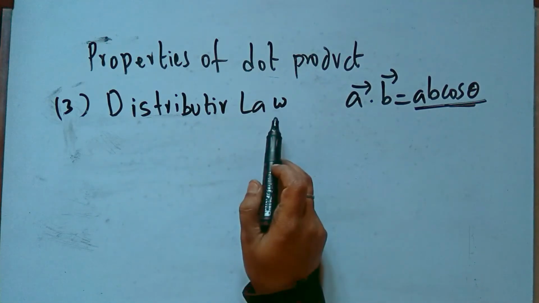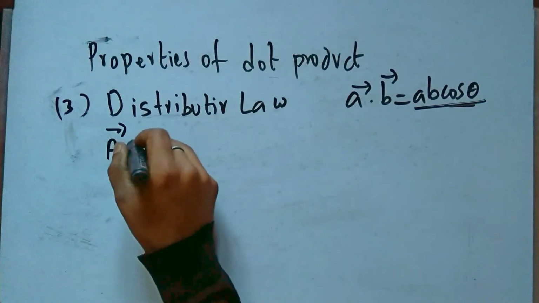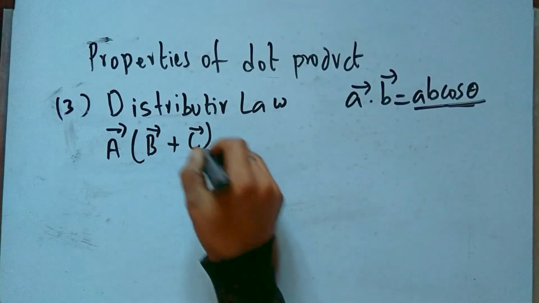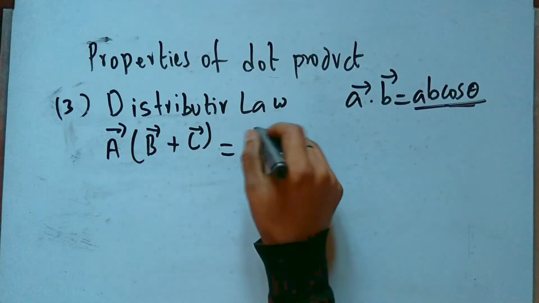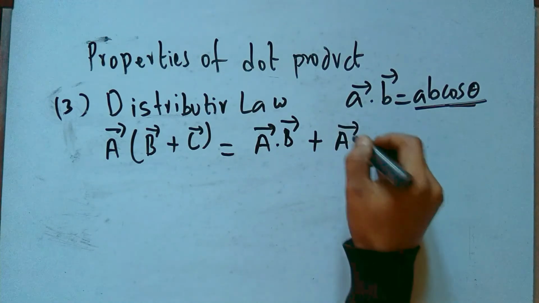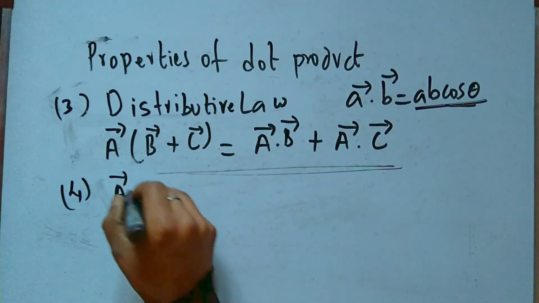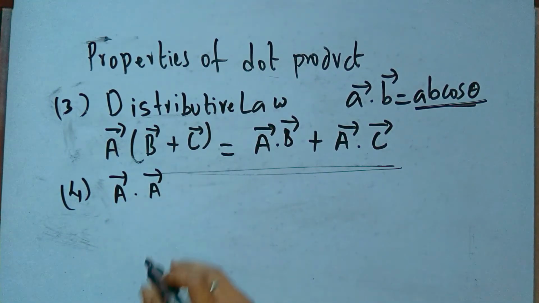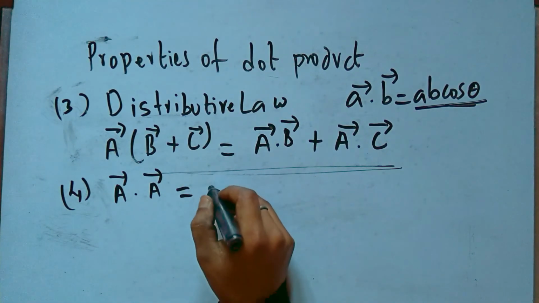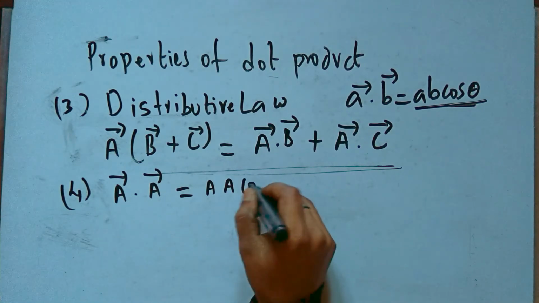The dot product obeys distributive laws. Vector A dot product of vector B plus vector C is equal to A dot product B plus A dot product C. Dot product of a vector with itself is equal to A times A cos theta.